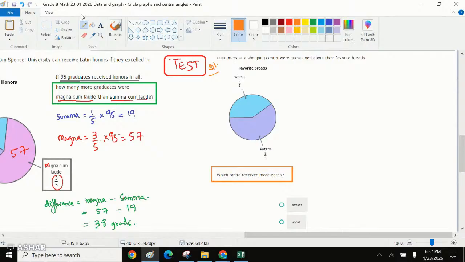The customers at a shopping center were questioned about their favorite breads. The wheat was 2/5, while potato is 3/5, right? That means the greater the area, I'll write down the statement, I'm not giving you the answer.